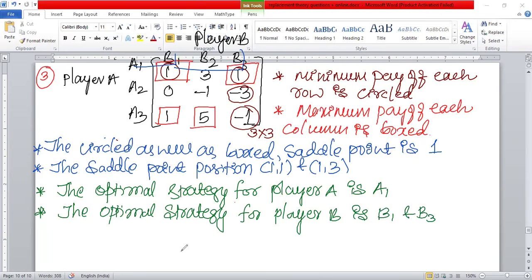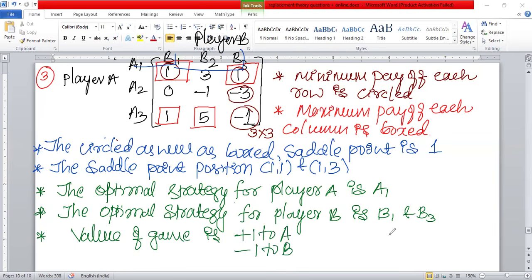Guys, note that this is the way to write when we get two positions with circle as well as box. Finally, value of game is +1 to A, -1 to B. So player A won the game and player B lost the game.